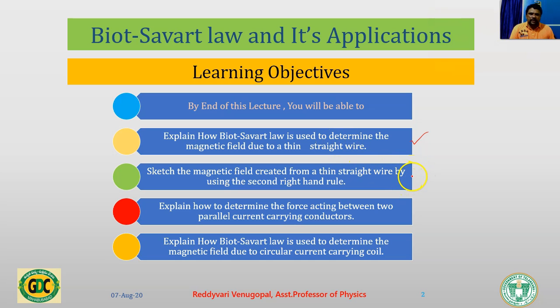We are also going to learn the direction of the magnetic field created by a thin straight wire using the second right hand rule, determine the force acting between two parallel current carrying conductors, and determine the magnetic field of a circular current carrying coil. These are the things we are going to discuss today.